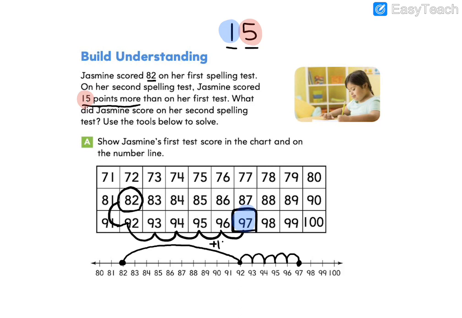So here's plus 10, plus 1, 2, 3, 4, 5. So I added 10, 11, 12, 13, 14, 15.